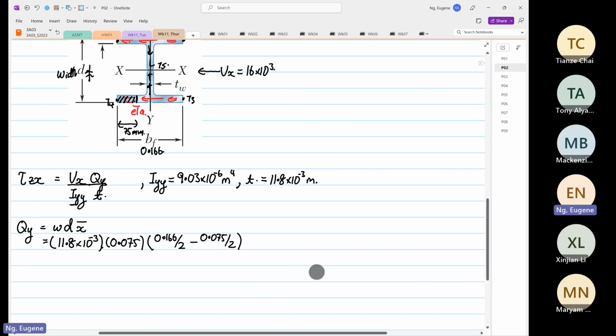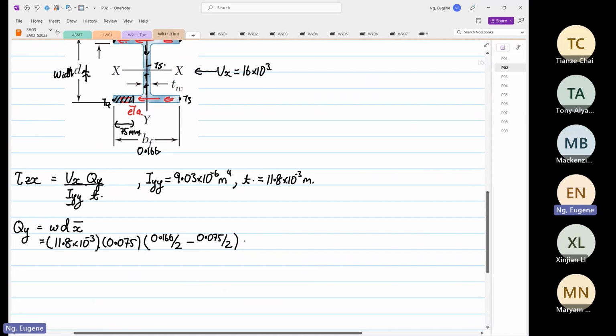So this will be equal to... I'm not saying the first moment of area is difficult, but you have to be careful. So we get 40.267.